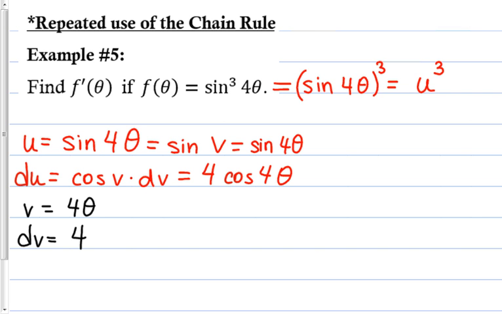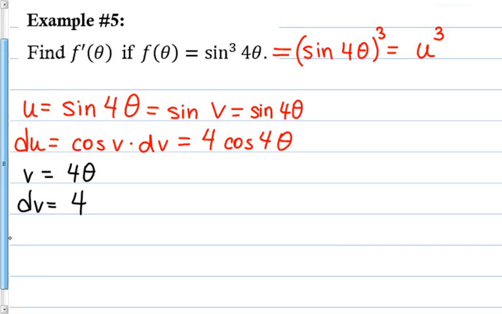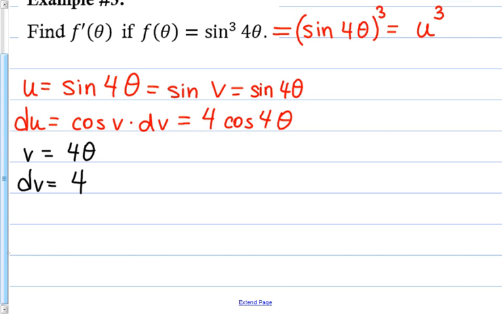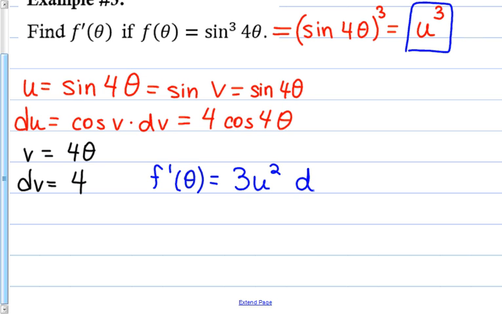Let me go ahead and do the derivative. So let me bring this down. Okay, so f prime of theta. I'm deriving the outer function, so it's 3u squared du. I know what my u and my du are, right?